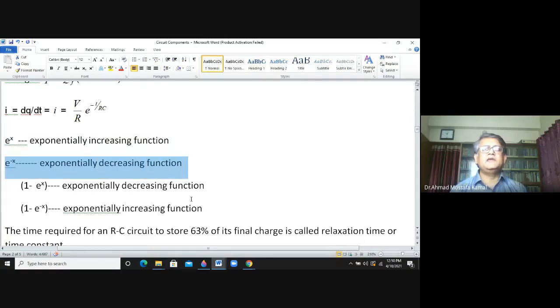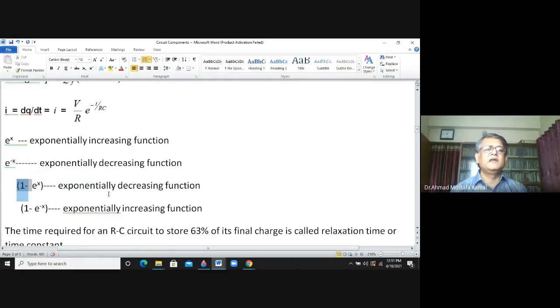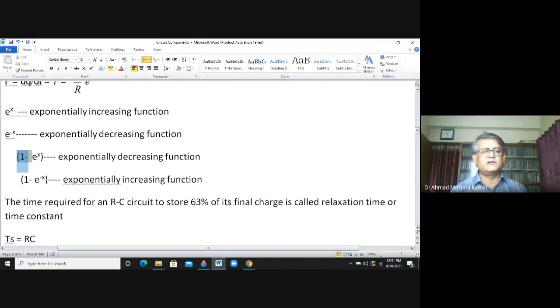In this case, we have e to the power minus, but it will be exponentially increasing because it is in the form 1 minus e to the power minus x. That was done in the previous circuit.